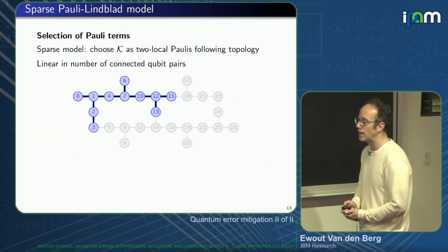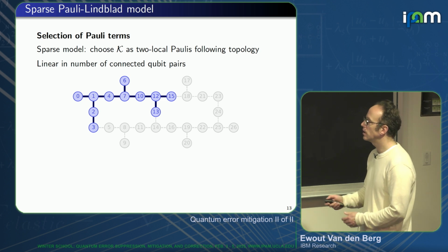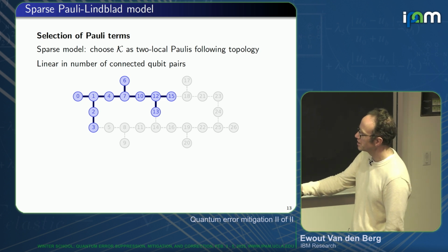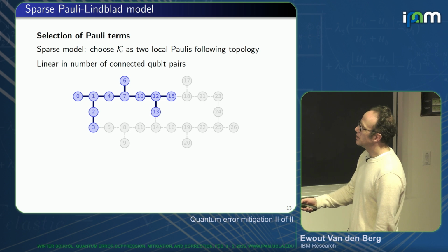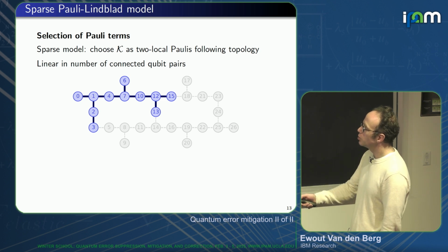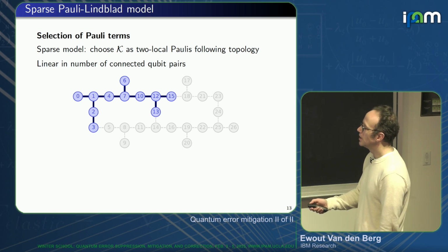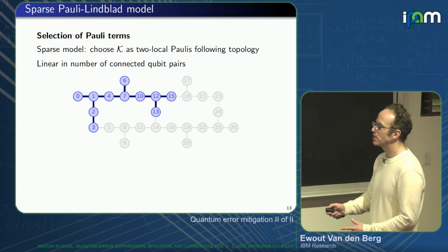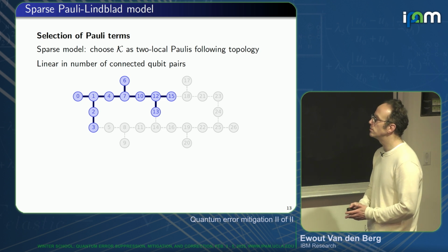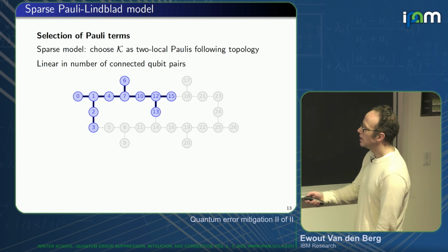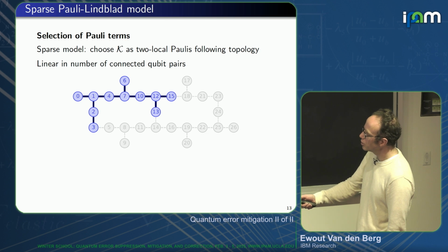So how do we choose the Pauli terms in the model? Here's just a number of qubits in some topology. What we do is we choose K as the two local Paulis that follow the topology, right? So that's pretty much linear in the number of connected qubit pairs. So here we have, I think, 11 qubits.